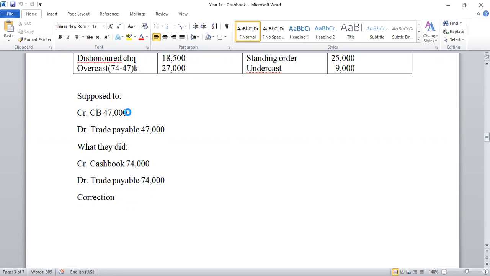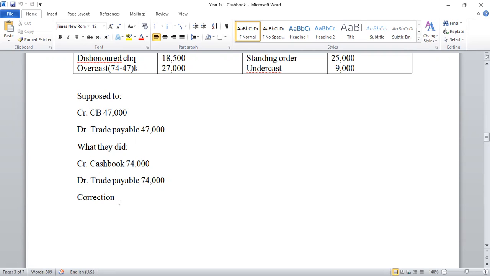You get the point? It was supposed to be 47, but they made it 74. So the only way I can make this 74 back to 47 is if I debit with the difference.